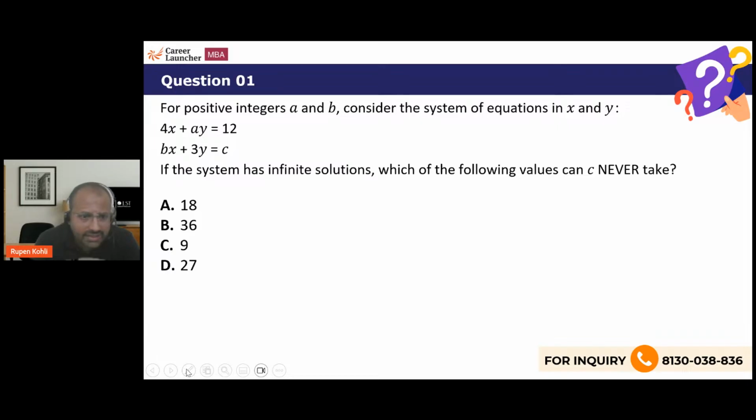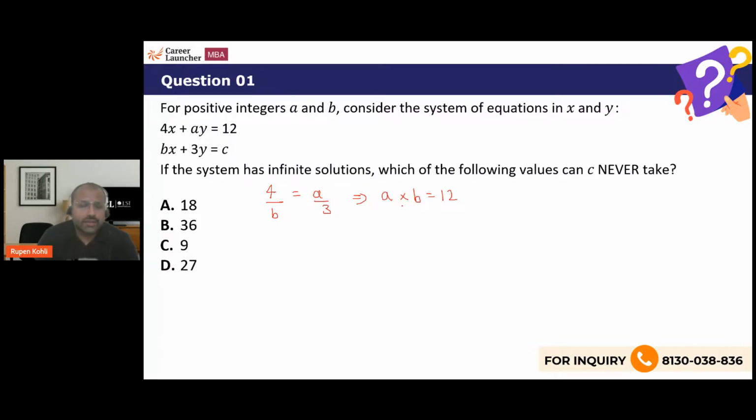So what's the condition for infinite solutions? The ratio of the coefficients are the same and also equal to the ratio of the constant terms. So we get the relation that 4 by b should equal a by 3, which should also equal 12 by c. Now since we are focusing right now on a and b, from this equation we are getting that a into b equals 12, because the primary constraint is first on a and b, which are positive integers.